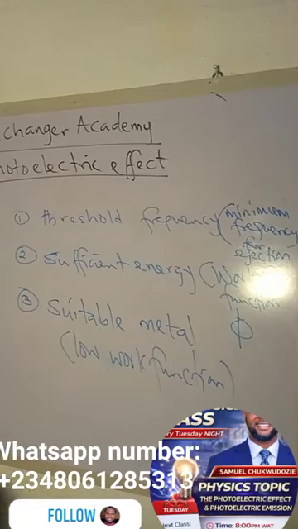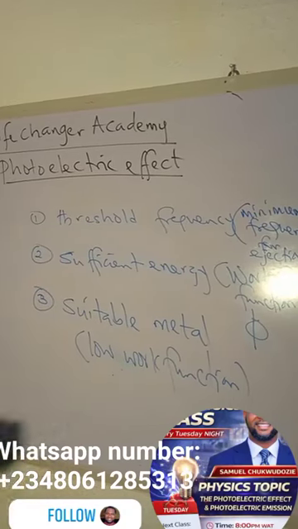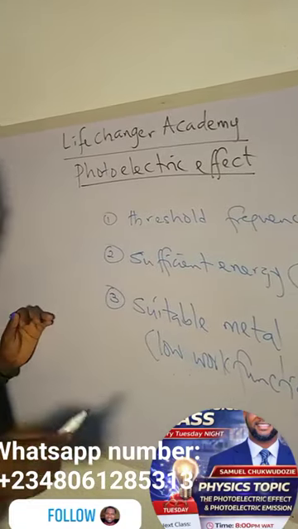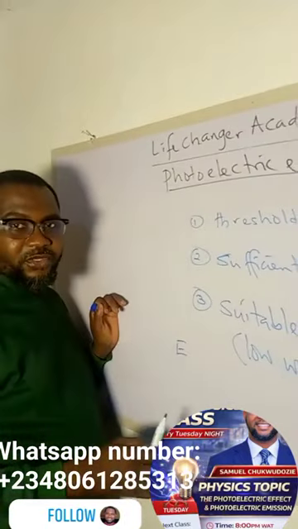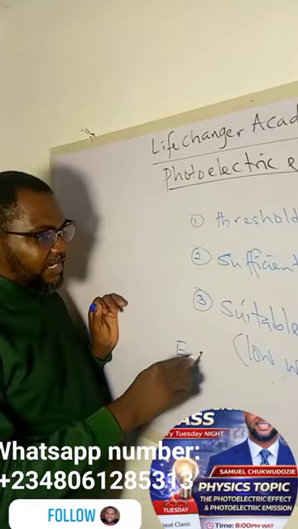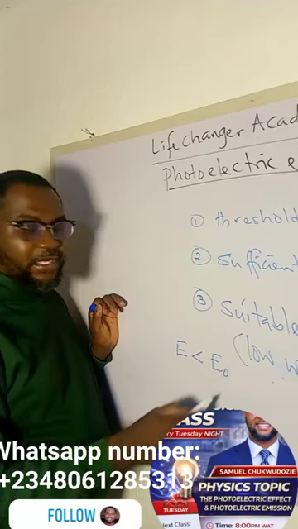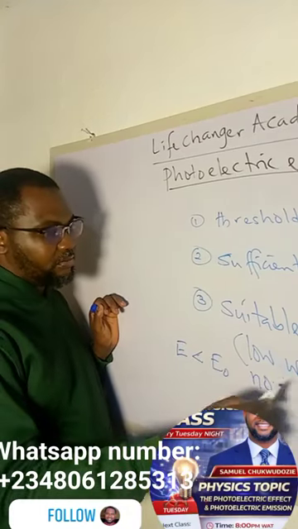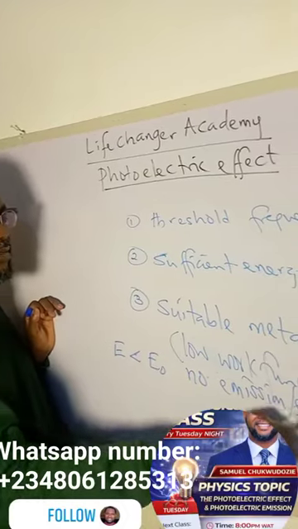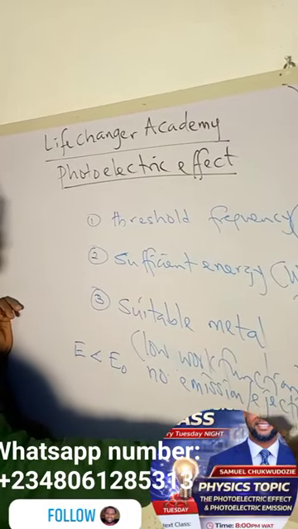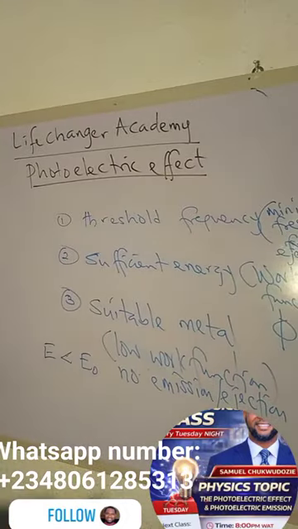Let's assume that the energy of the light that falls on it is E. Now, if the energy of the light is less than the work function of the metal, there will be no emission or ejection.